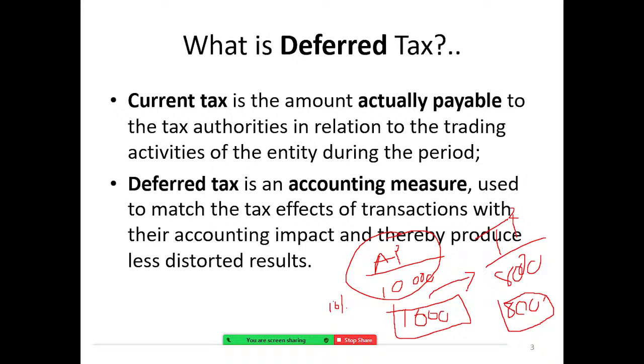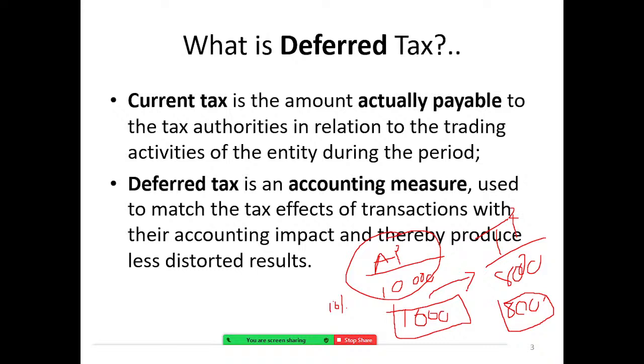If the company policy is to depreciate the asset over 10 years, then it is 10%. So when we prepare the taxable profit calculation, we deduct more depreciation as capital allowance, and our taxable profit will be lower, underestimated.